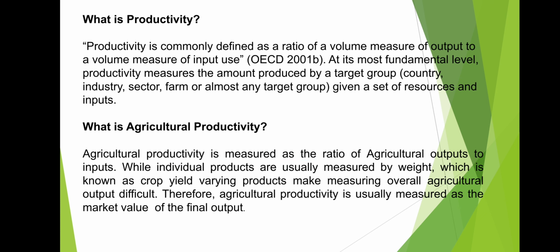But before that, what is productivity? The definition as given here is: productivity is commonly defined as a ratio of a volume measure of output to a volume measure of input use. Basically, productivity is how much input you are putting in and what level of output we are getting.